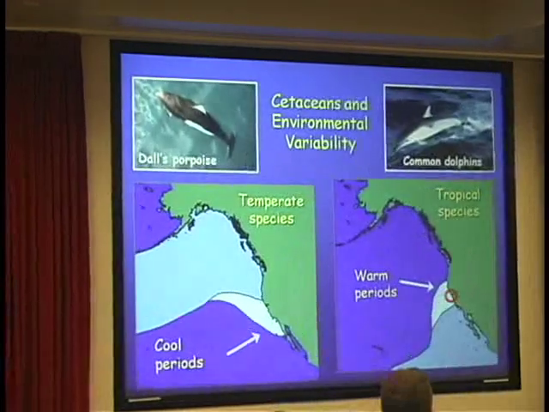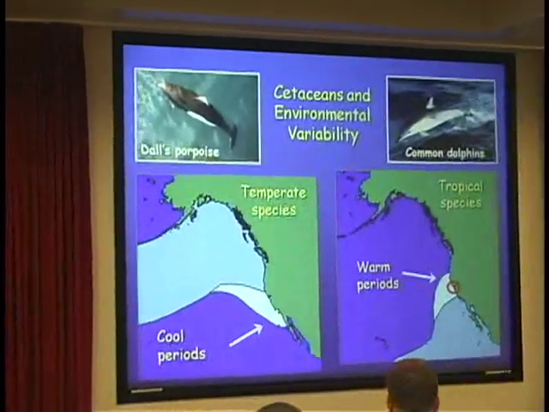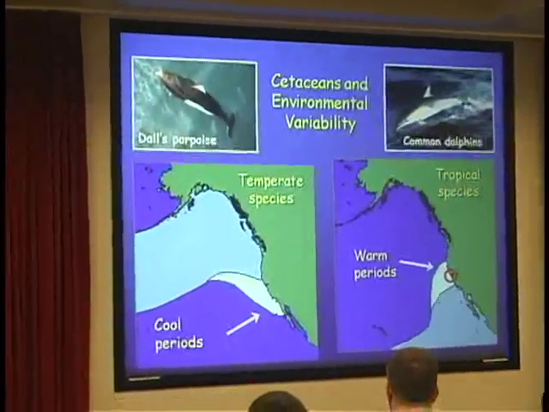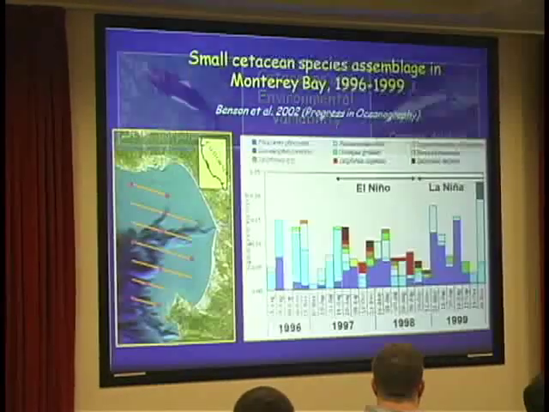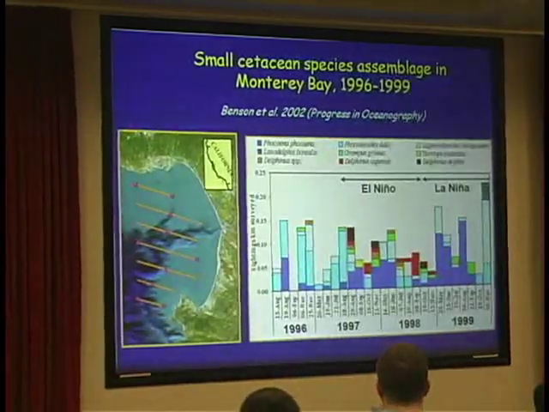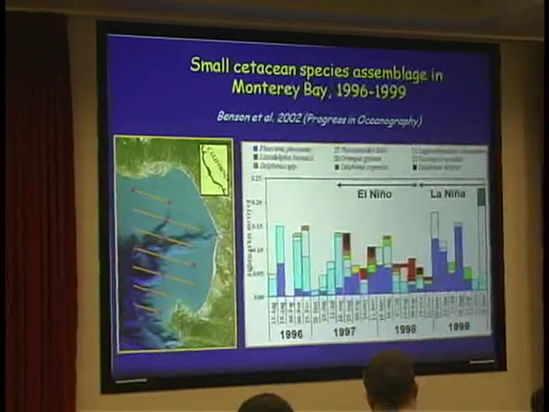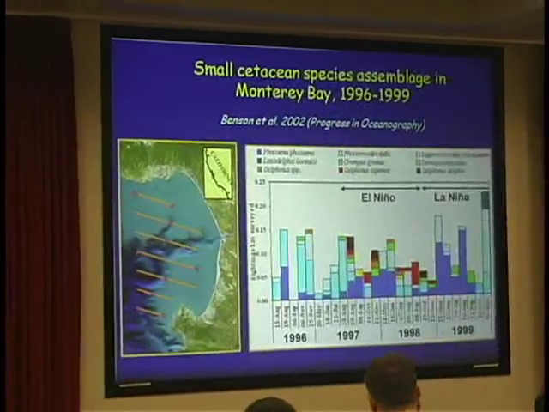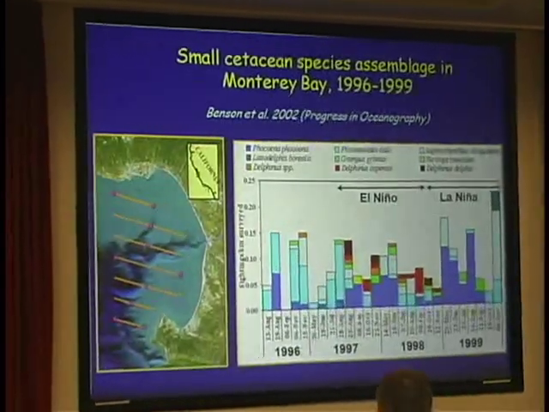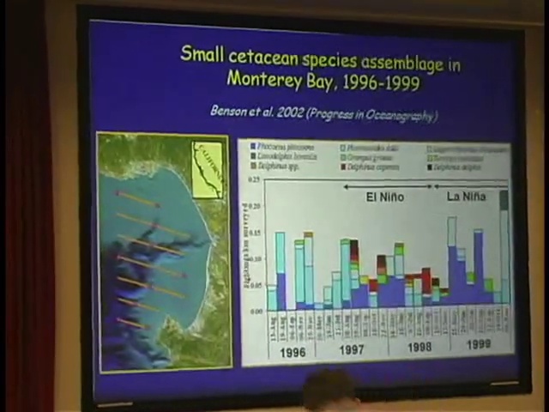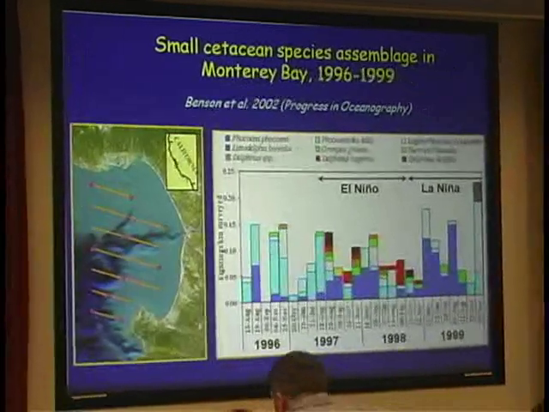So if we look, for example, in this overlap area at how that might manifest itself locally, and I'm sorry, this is not Southern California, but it's a nice illustration of a paper that was published in 2002. This is a series of monthly surveys during the summertime upwelling period, from May through November, spanning the El Nino and La Nina that we just talked about, a very strong El Nino, La Nina signal.